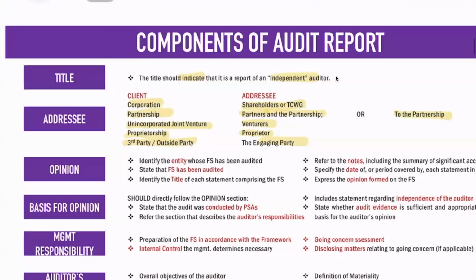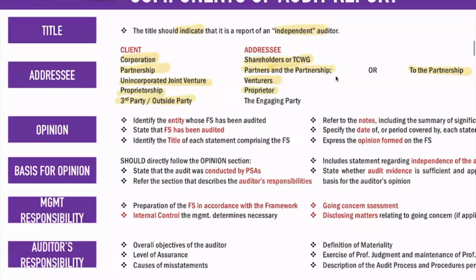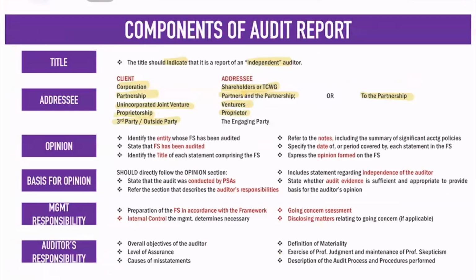Now, after the addressee, the next component of your audit report is the opinion. Under your opinion, you must identify the entity whose FS, or whose financial statements, have been audited. That is important. Next, you state that the FS has been audited, of course. Identify the title of each statement comprising the FS.